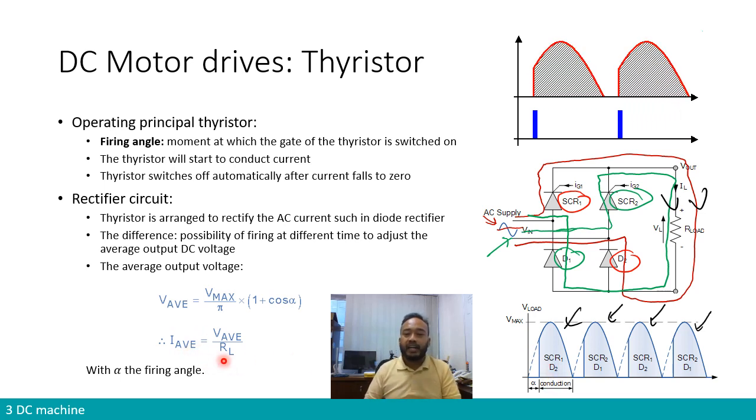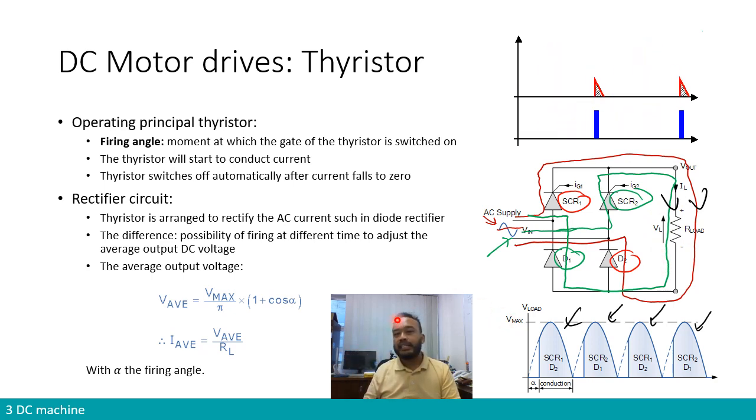And the average current, of course, using Ohm's law, is just the average voltage divided by the load resistance. So in our case, RL will be the resistance of the winding of the armature. As we control alpha, we will rectify and at the same time change the average voltage, making it higher or lower, therefore controlling the speed of our machine to become faster or slower.